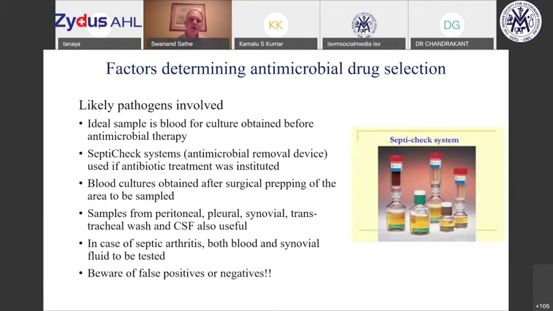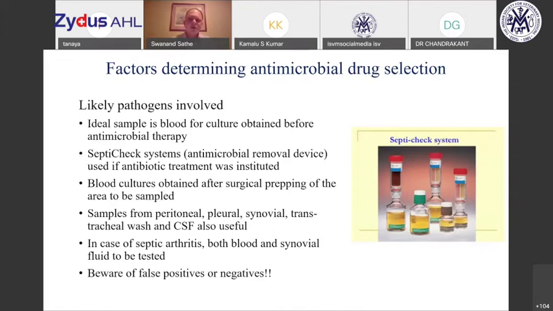Besides blood, you can take samples from peritoneal fluid or pleural fluids, or in cases of septic arthritis, synovial fluid, or in cases of respiratory infections, transtracheal washes, or spinal fluid, which may also provide you more information along with your blood cultures. In cases of septic arthritis, we highly recommend that blood and synovial fluid both be tested in order to get a clear picture of what pathogens are involved.